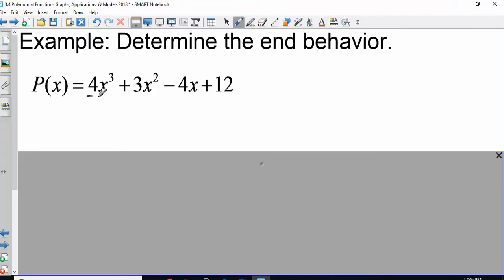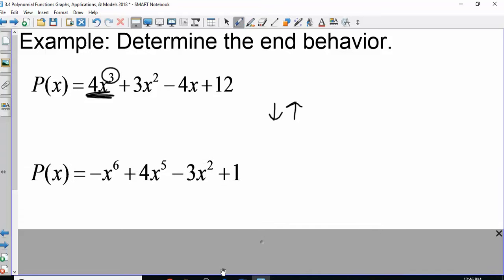When I look at this, all I need is the first term. My degree is odd, so what does that tell me? It's going to look like a cube, normal cube. And it's a positive, so nothing's flipping, so my end behavior would be down, up. Alright.